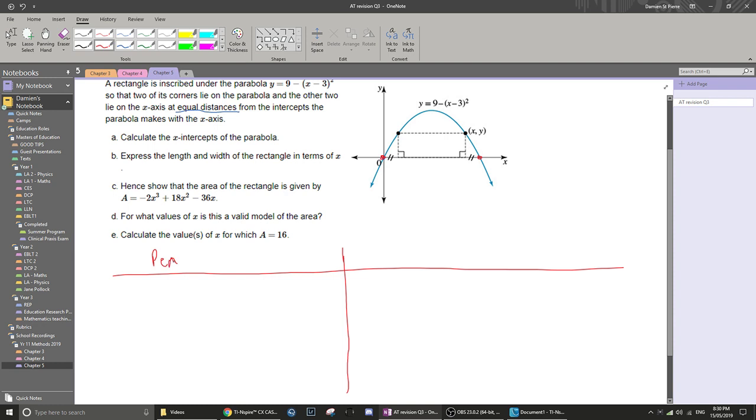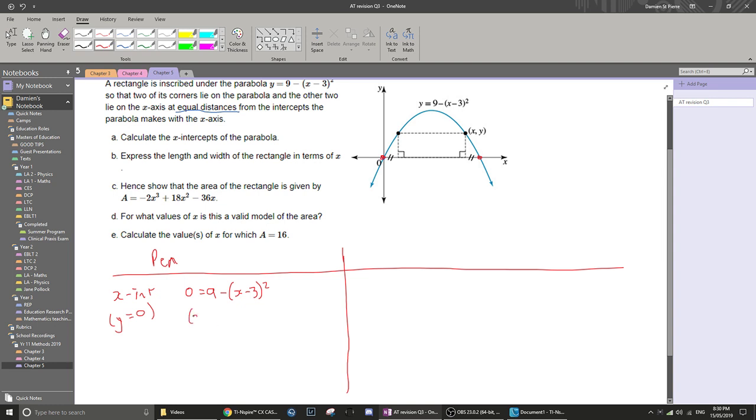Right here, so x-intercepts. Alright, x-intercepts, we know y is 0. So we get 0 equals rule.